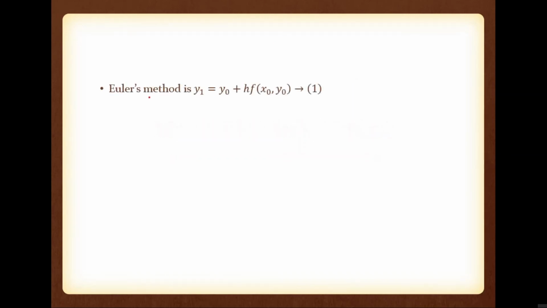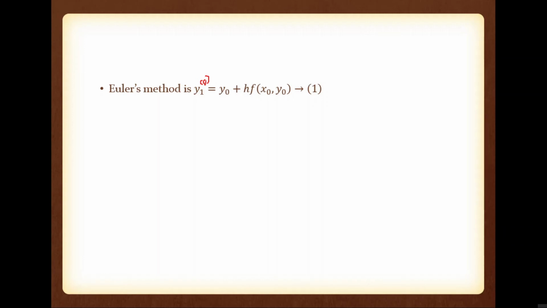So Euler's method is y1 is equal to y0 plus h into f of x0 comma y0. So this one is the equation, meaning Euler's method. By applying Euler's method, we have y1. Once I have y1, then I am going to replace this y1 as y1 of 0, meaning the 0th value of y1.